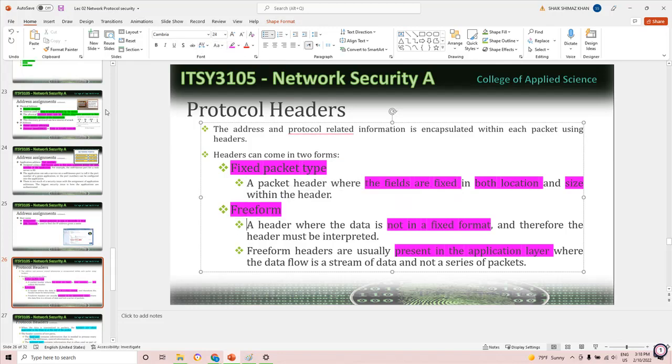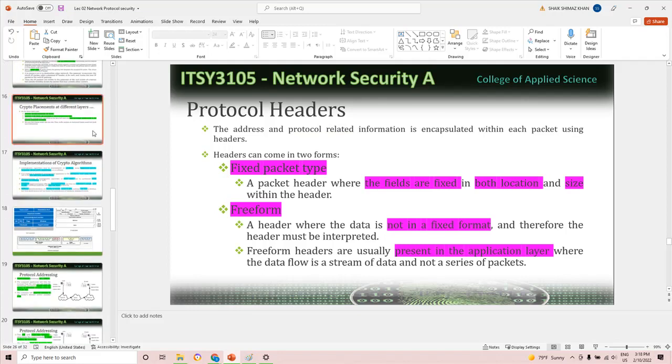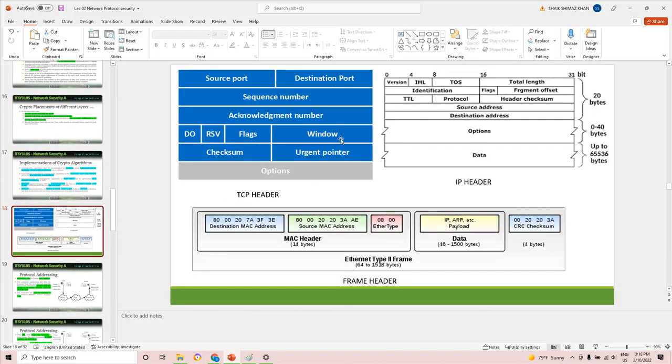Why fixed means, please understand, if you take the TCP header, IP header, frame header, these are the fields. The size is already determined. For example, IP header is 20 to 24 bytes.